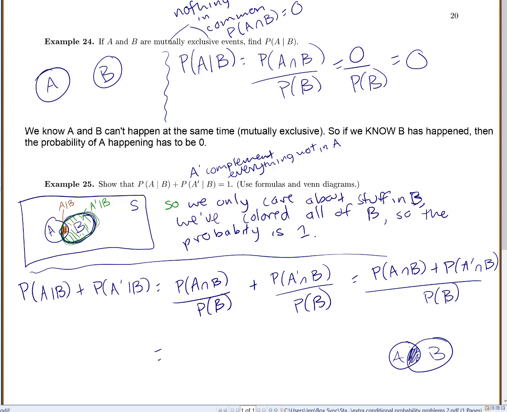And A complement intersect B: A complement is anything outside of A, so anything outside of that circle, but we need to see where that intersects with B. And look, we have shaded all of B now. So A intersect B plus A complement intersect B is just equal to B. So probability of B over probability of B has to be equal to 1.